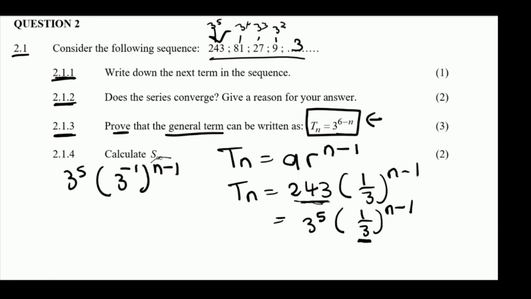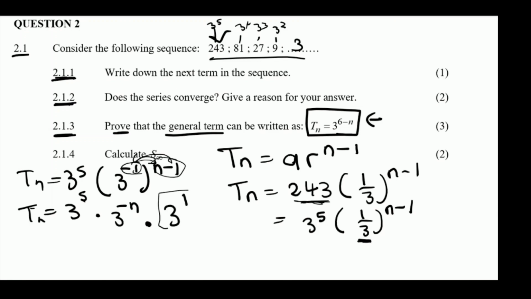So this n minus 1 will multiply any power that it finds inside. So Tn is going to be 3 to the power of 5 multiplied by, so this minus 1 multiplied by the n is going to be 3 to the power of minus n, multiplied by, this minus 1 again will multiply the negative 1, it's going to be 3 to the power of 1, right? So we're going to add the exponents of these two terms here.